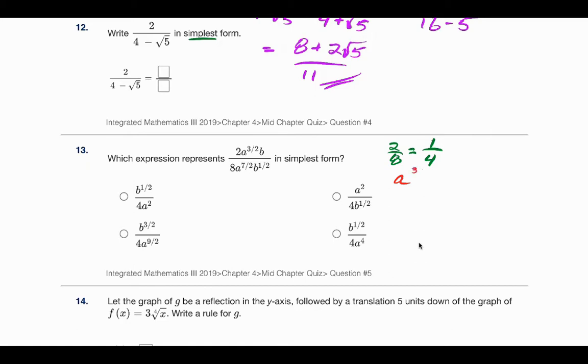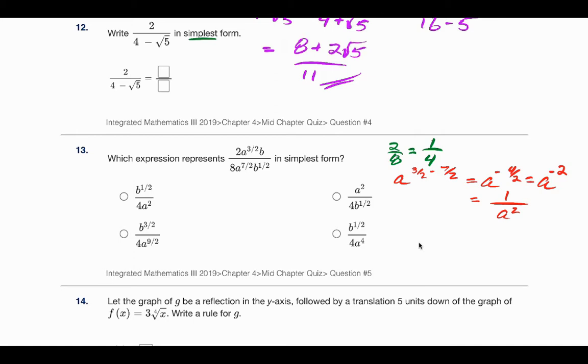So I'll have 3 halves minus 7 halves. 3 minus 7 is equal to negative 4. So that's going to give us a to the minus 4 halves, or a to the minus 2 power. The negative is going to make it go to the bottom, so we'll have a squared on the bottom.